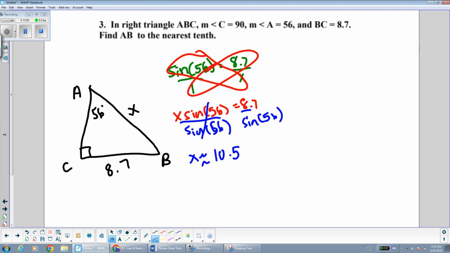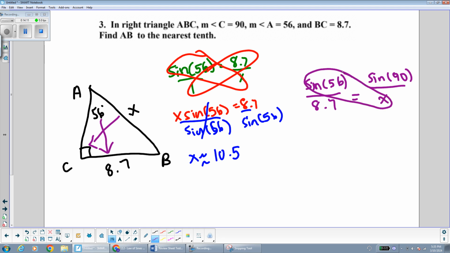Now let's do it with law of sines. So I have sine of the 56-degree angle over 8.7 equals sine of the 90-degree angle over x. Cross multiply. X sine 56 equals 8.7 sine of 90.